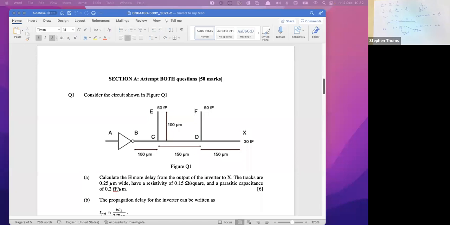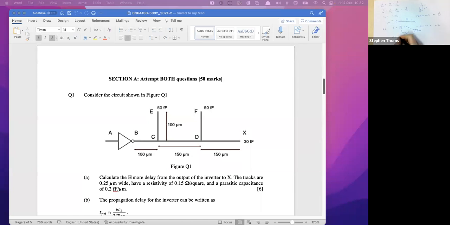Okay. And then what we need also is the capacitance for that section. And if we want to do the capacitance for that section, we need to look at the parasitic capacitance, which is 0.2 femtofarads a micron.